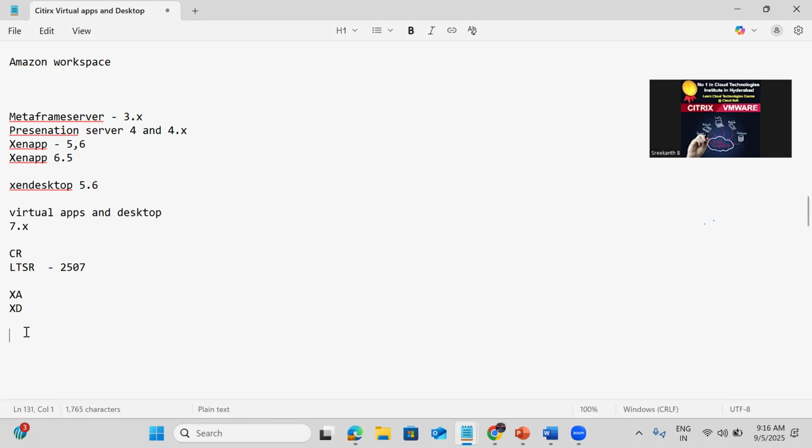Then here we have one more, PVS. So what is the meaning of PVS? PVS is also one of the good technologies from Citrix, called Provisioning Services.